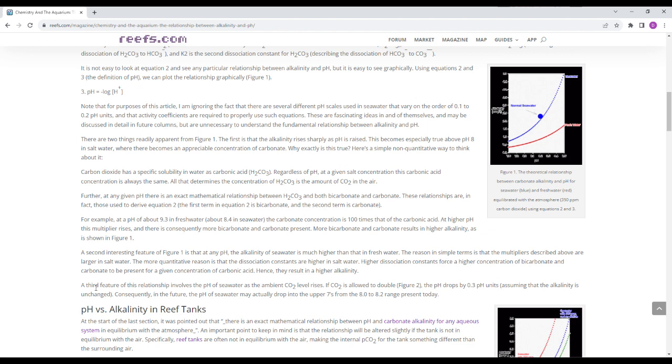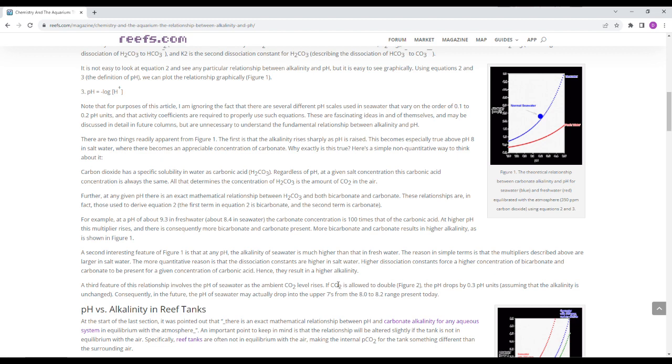A third feature of this relationship involves the pH of seawater as the ambient CO2 level rises.